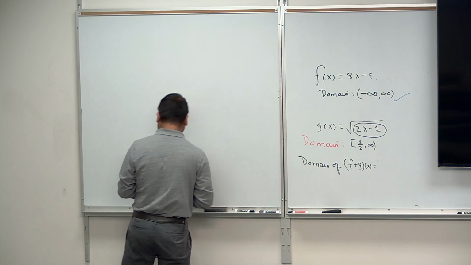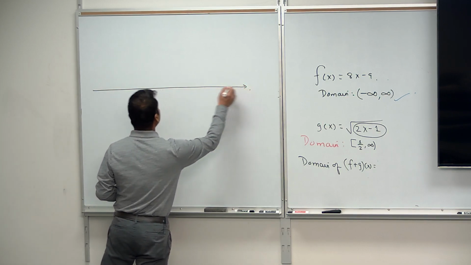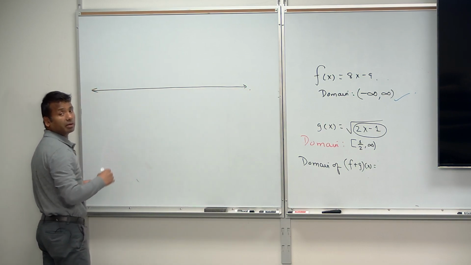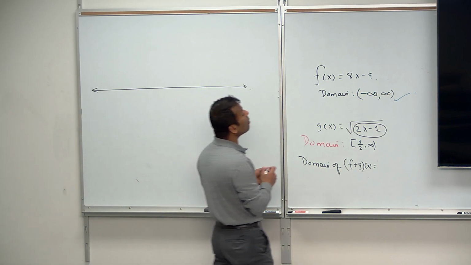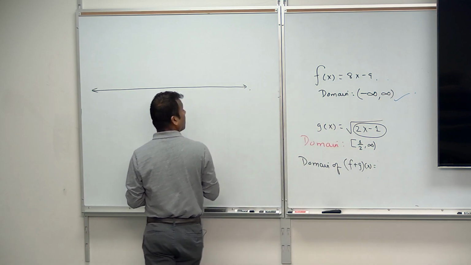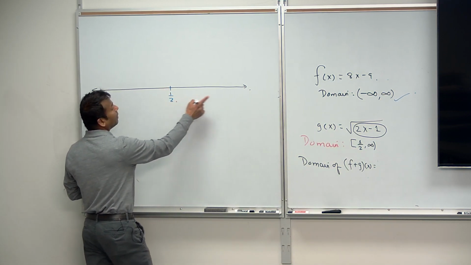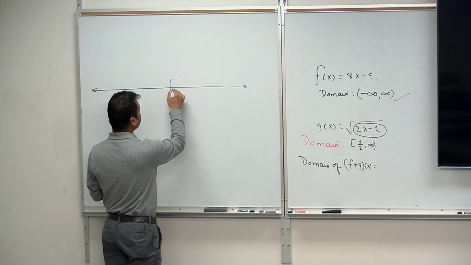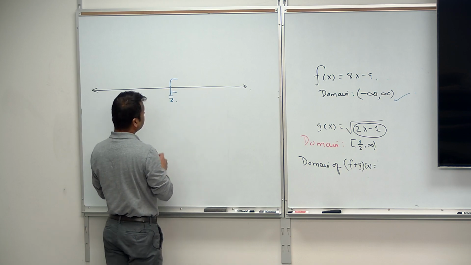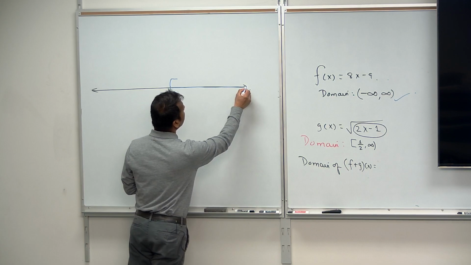So look here. Negative infinity comma positive infinity, this set. You know that, right? And then 1/2 comma positive infinity. So you have 1/2 here, and this is positive infinity. So this is 1/2 comma positive infinity. Are you with me?